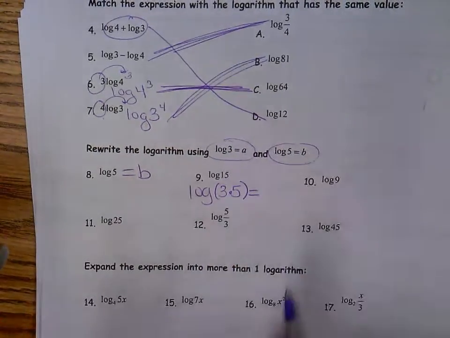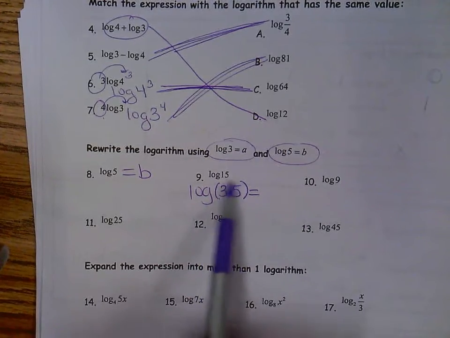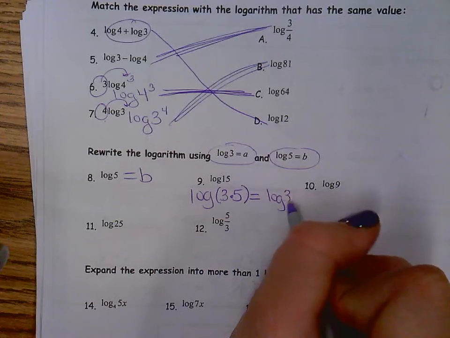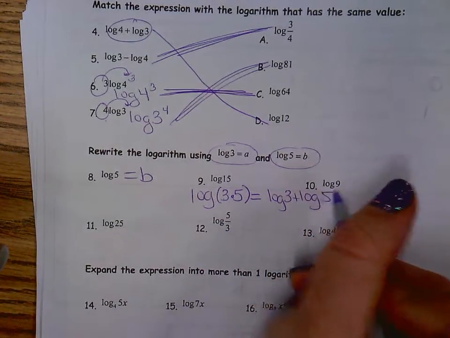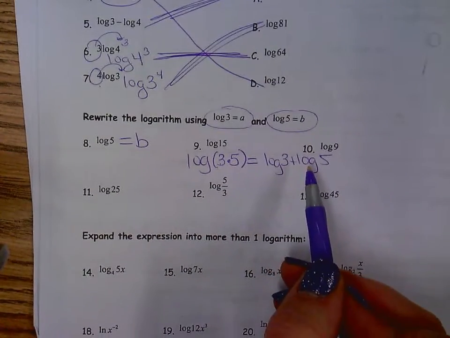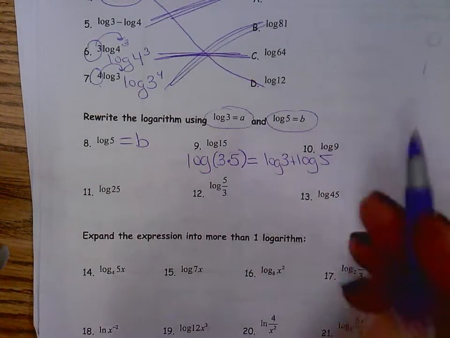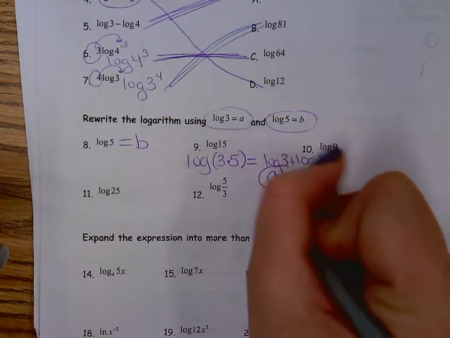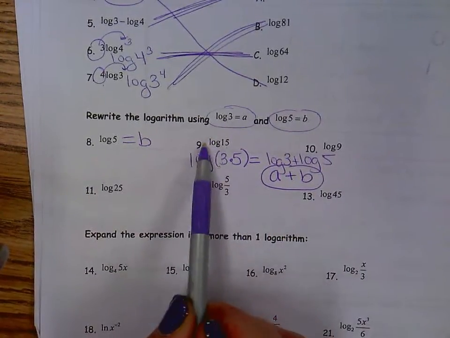So then what would I do with multiplication? I would use addition, right? It would be the log of 3 plus the log of 5, if I split it up into two separate logs. Well, the log of 3 is just a, and the log of 5 is just b. So I can simplify the expression up here using a and b. It would be a plus b.